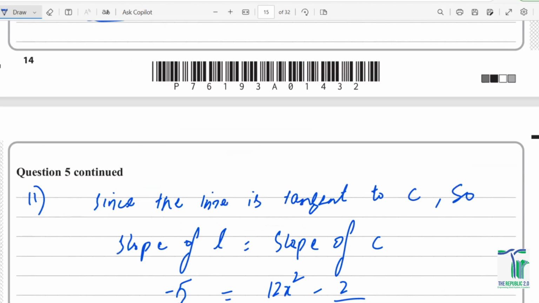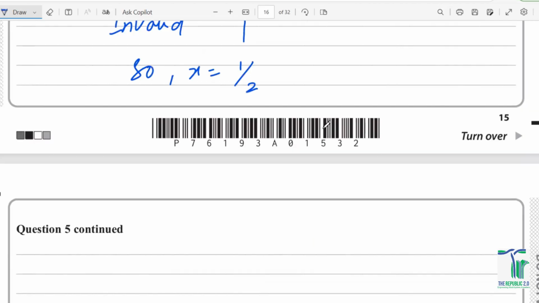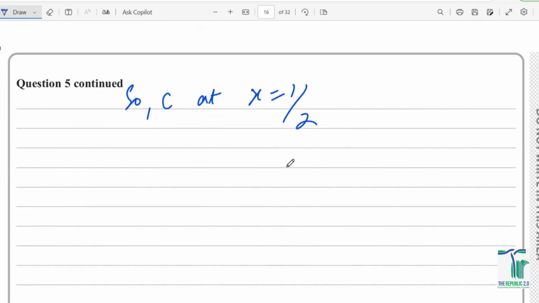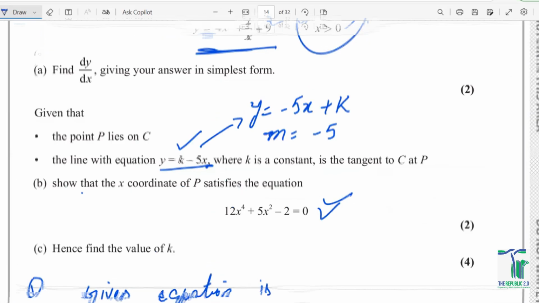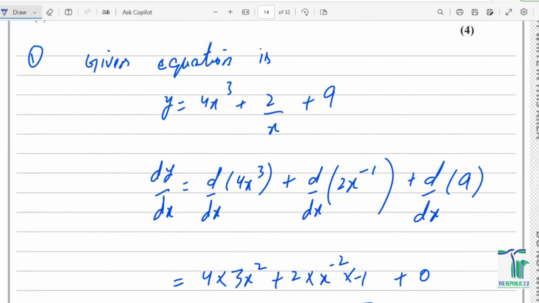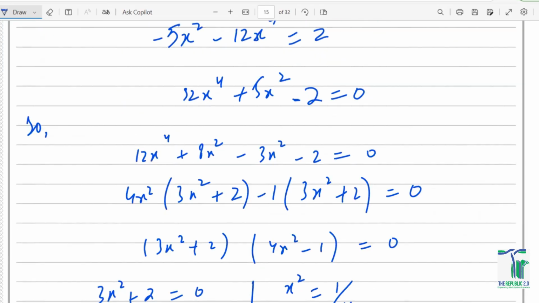So x is 1 by 2. The equation of the curve at x equals 1 by 2: y is equals to 4x cube plus 2 upon x plus 9.